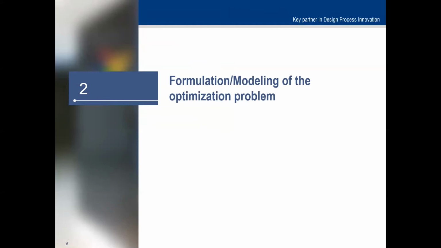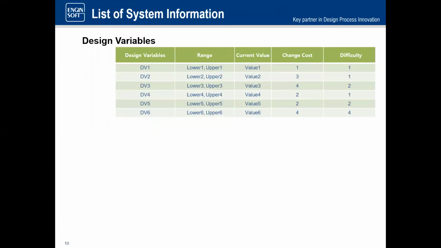Okay, so the next section is to talk about the formulation and modeling when you do this optimization work. The first thing to do is to set up design variables, and this is a table that shows the things that you want to consider. We have a list of these 6 design variables. Of course, in the actual model, you'd want to have names that are easy to associate.